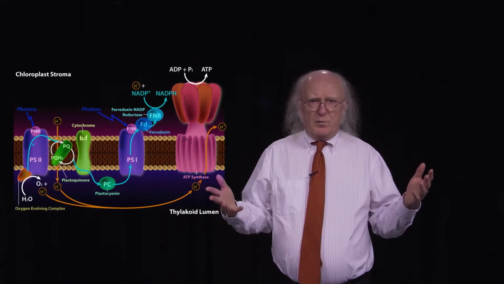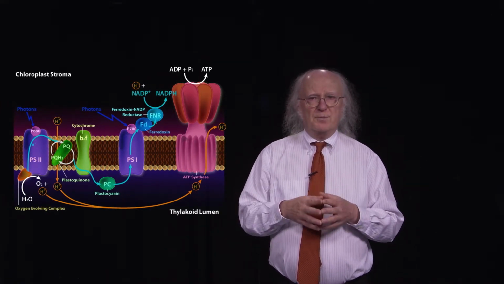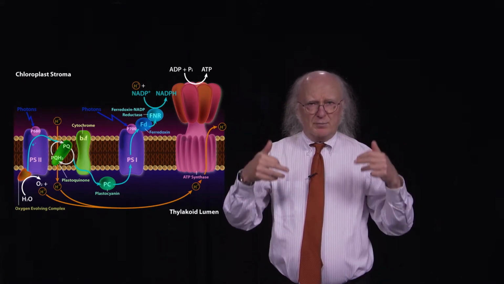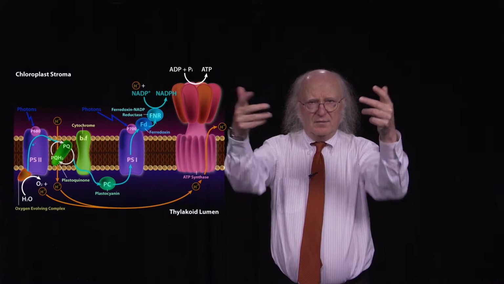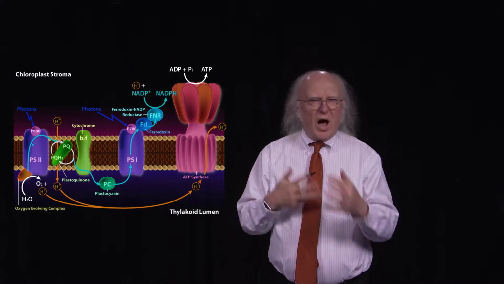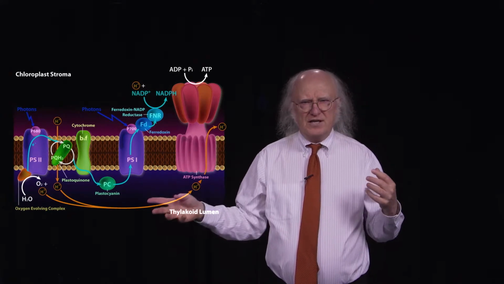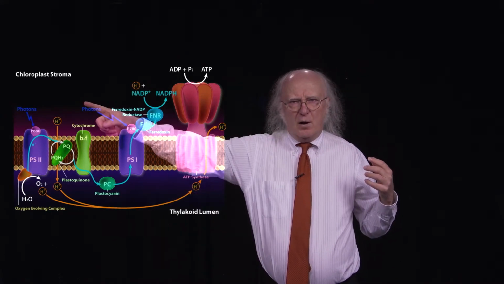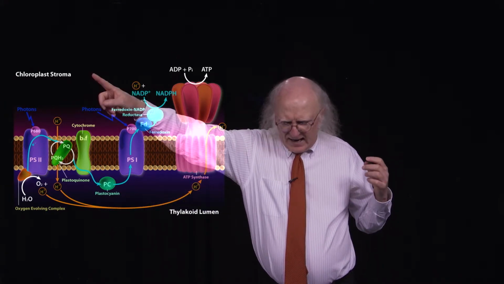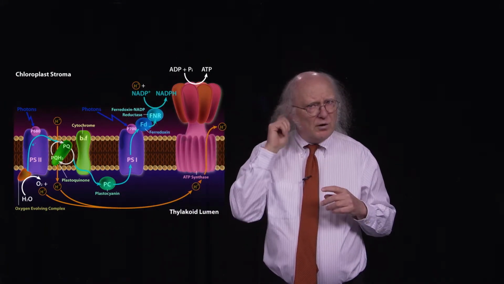Now, in electron transport in mitochondria, we saw the protons were pumped from the matrix into the intermembrane space. That is, that they were pumped out of the matrix and into the intermembrane space. In the chloroplast, the sort of opposite of that happens. Instead of protons being pumped from inside out, the inside of the chloroplast here could be considered the thylakoid lumen, and outside would be considered the stroma over here.